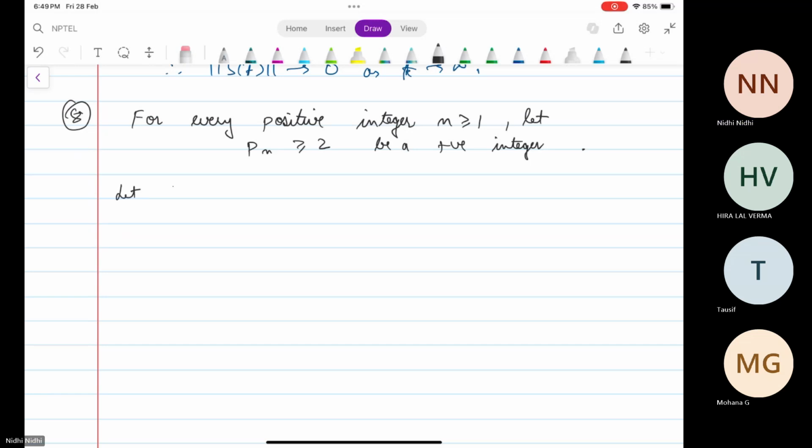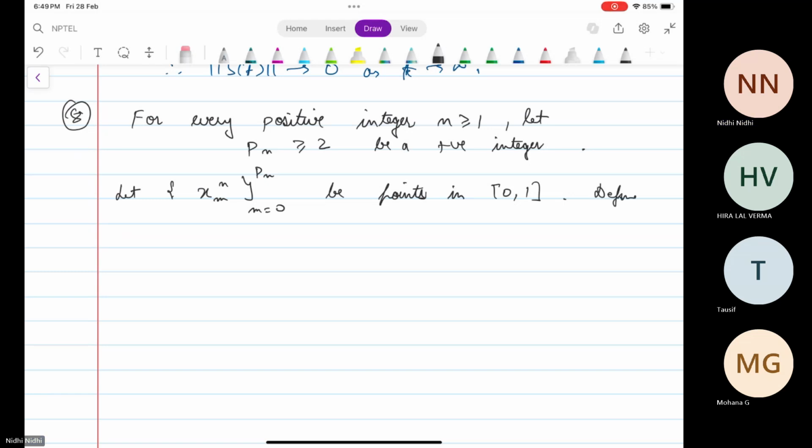Let x_mn, for every m from 0 to P_n, be points in the closed interval 0 to 1.